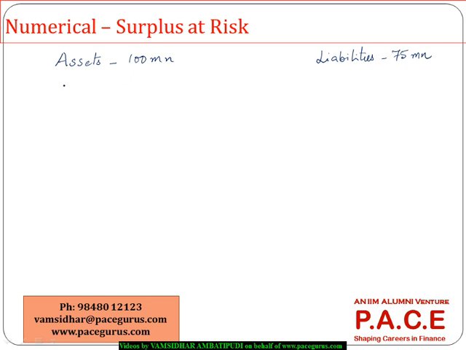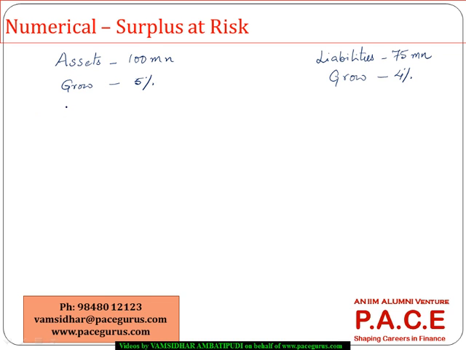Next year I am expecting that the assets will grow by 5%, whereas the liabilities will grow, let's say, by 4%. Which means the surplus may grow because the growth rate in assets is much more than the growth rate in liabilities. So there is a possibility of growth in the surplus.